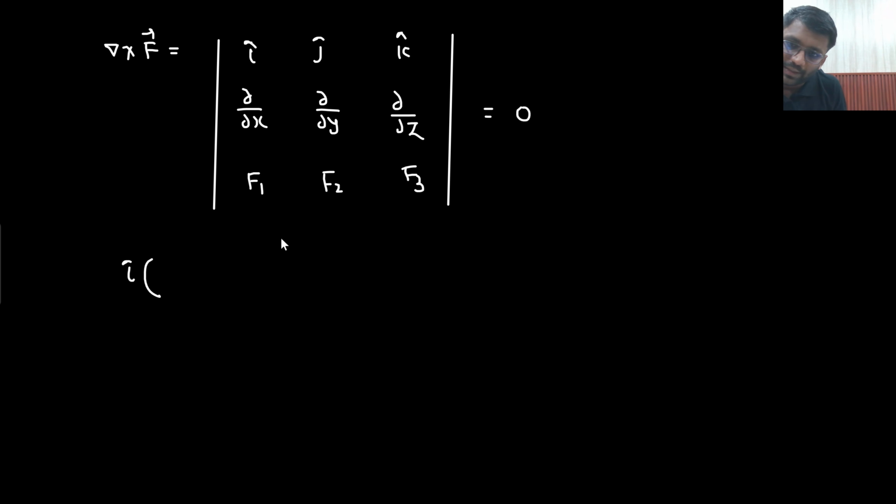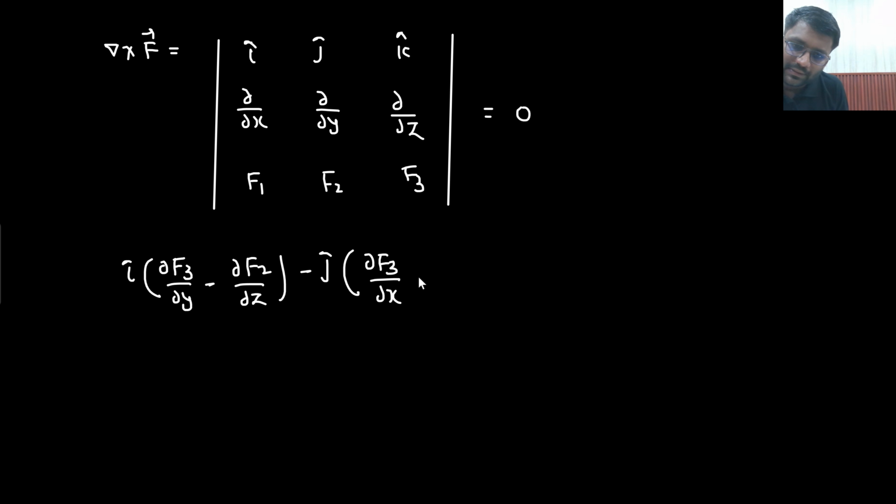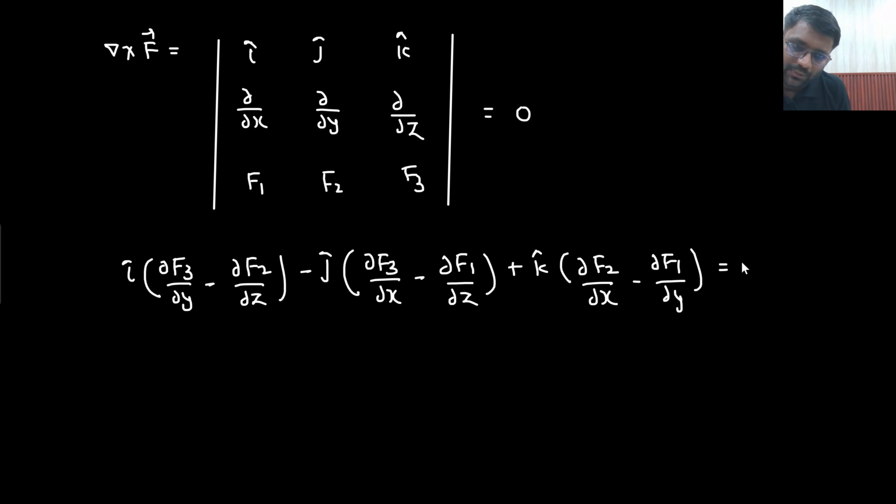So what you will get is: i cap (del F3 by del y minus del F2 by del z) minus j cap (del F3 by del x minus del F1 by del z) plus k cap (del F2 by del x minus del F1 by del y) equals 0.